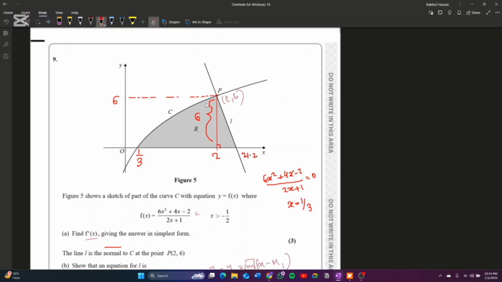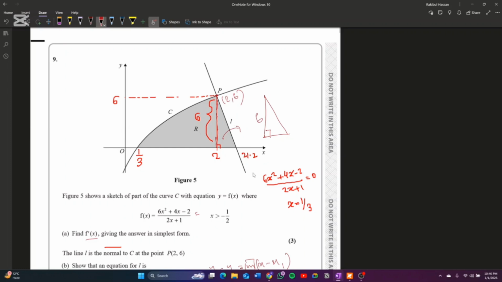So we can divide this area into two parts. We divide it from this point P. If we draw a straight line, this gives us an extra triangle. This has a height of 6 and a base of.